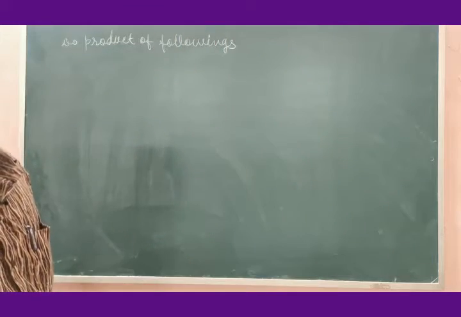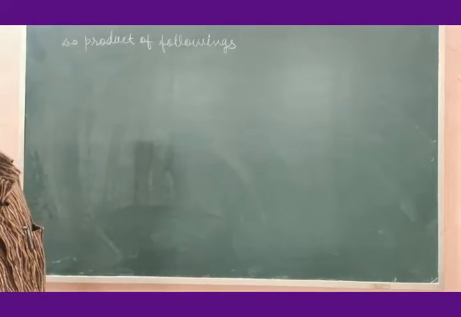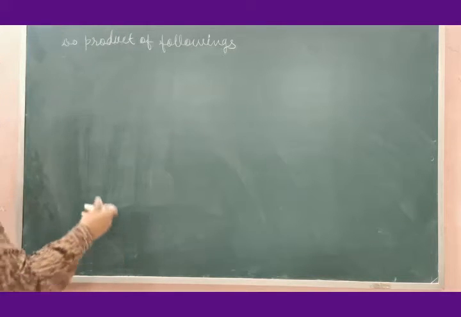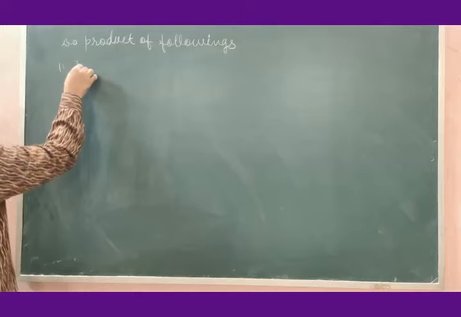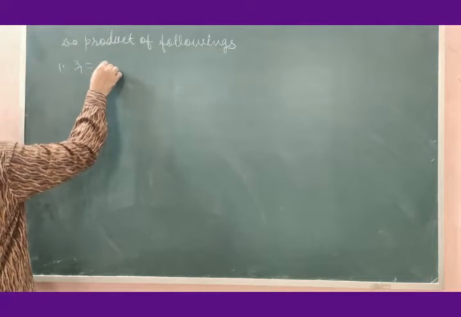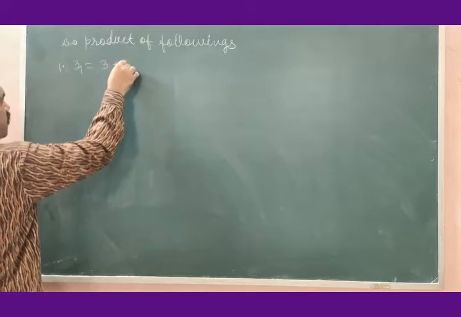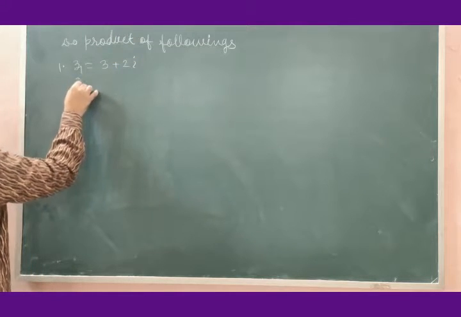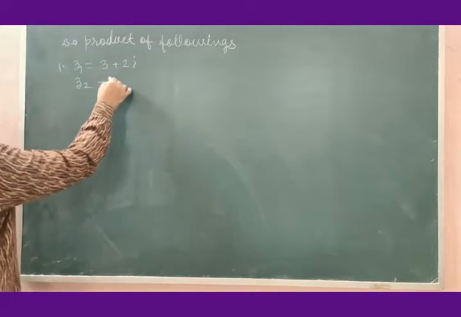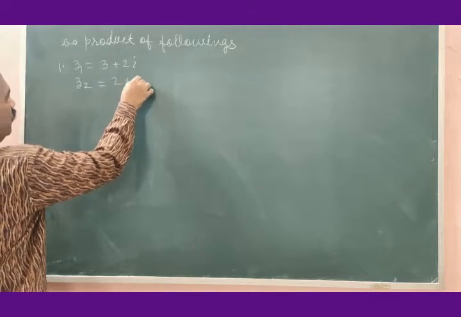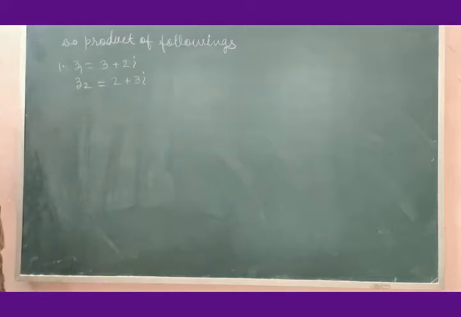Do product of followings. First one, Z1 is equal to 3 plus 2i. Z2 is equal to 2 plus 3i.